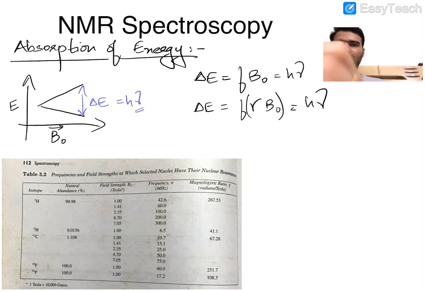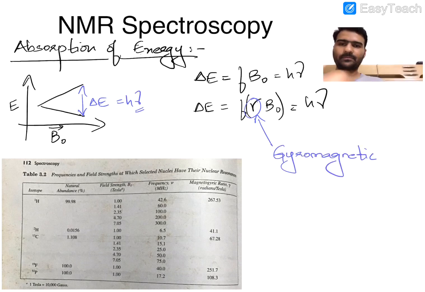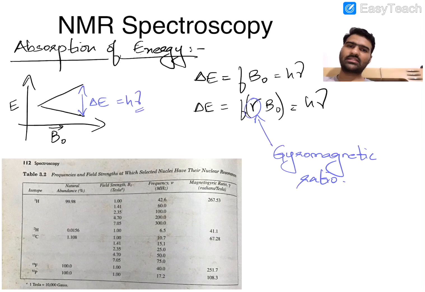The symbol gamma introduced here is called the gyromagnetic ratio, and it is a very characteristic property of every nucleus. Some of the gyromagnetic ratios of nuclei are given in this table, where the H1 isotope has a frequency of about 42.6 when a field strength of 1 Tesla is applied, and the magnetogyric ratio is also given in radians per Tesla.